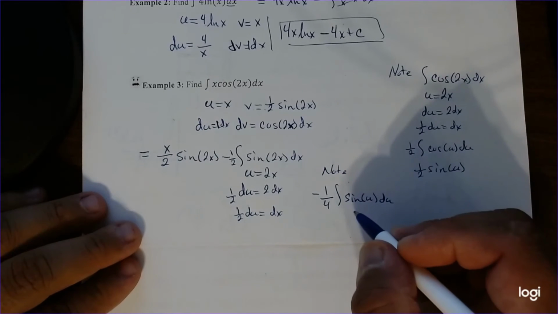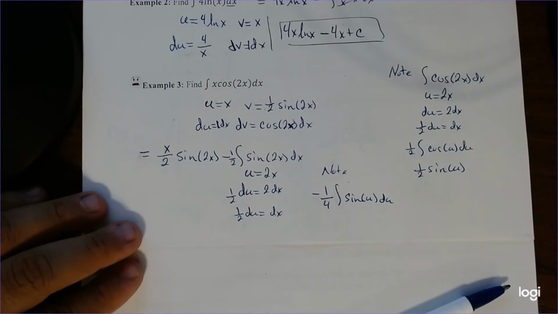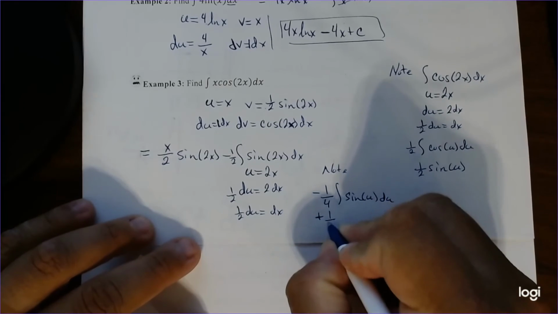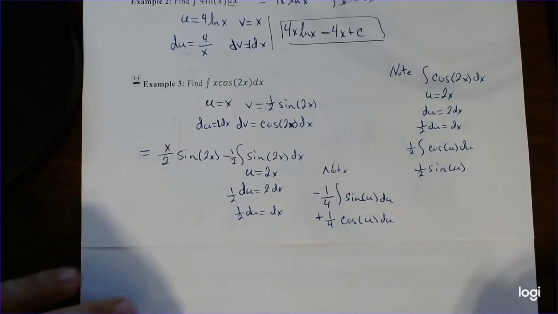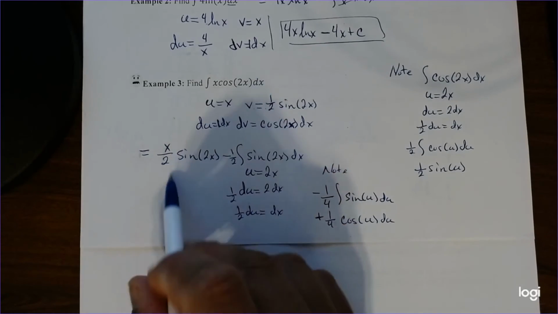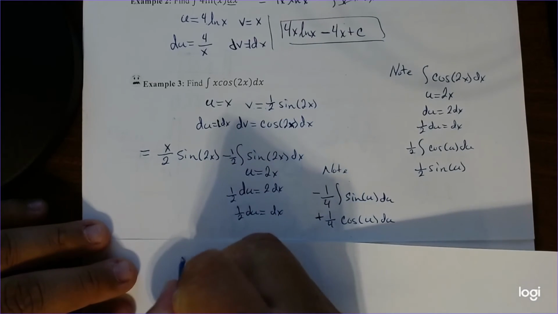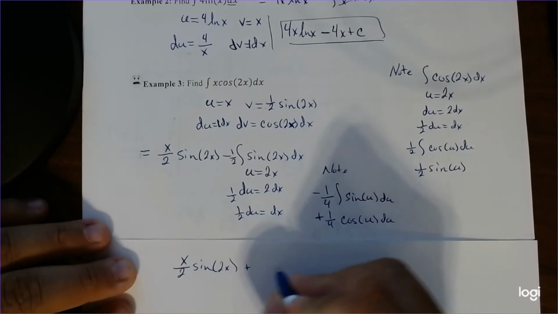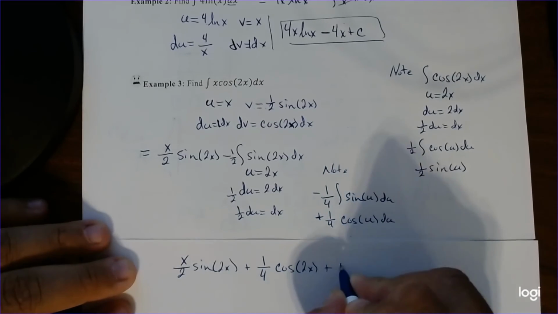And then the integral of sine gives you a negative cosine. So the negative becomes positive, 1/4 cosine of u. So finally, our final answer is going to be x over 2 sine of 2x plus 1/4 cosine of 2x plus c.